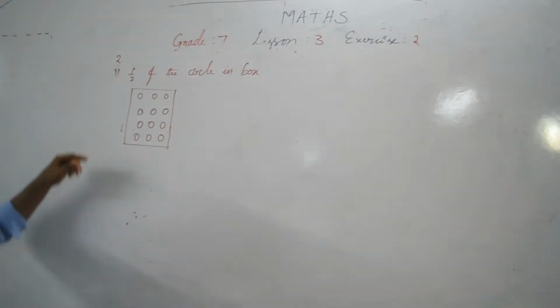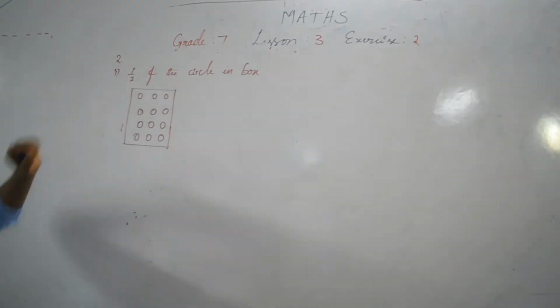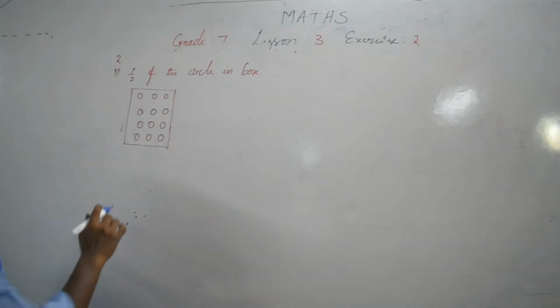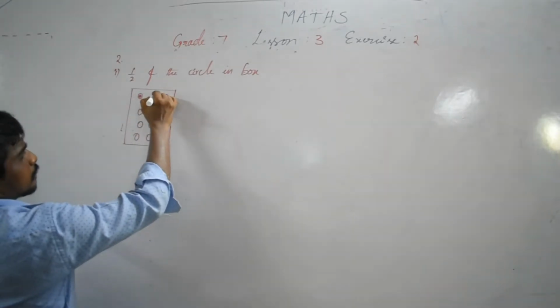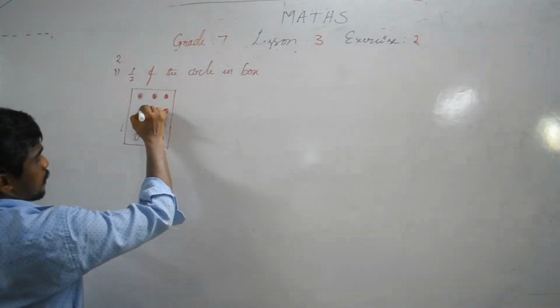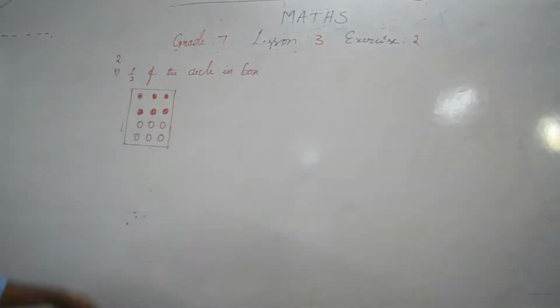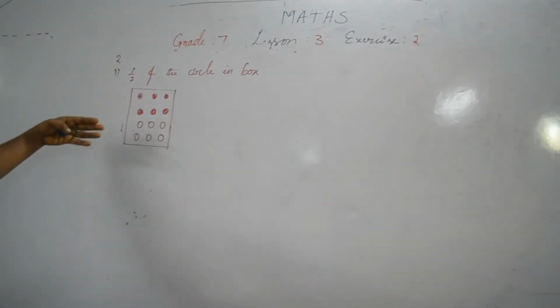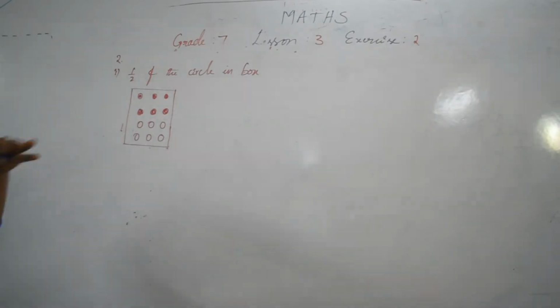So they are asking 1/2. 1/2 means half. Half the circles are shaded: 1, 2, 3, 4, 5, 6. So half the circles are shaded, half the circles are unshaded.